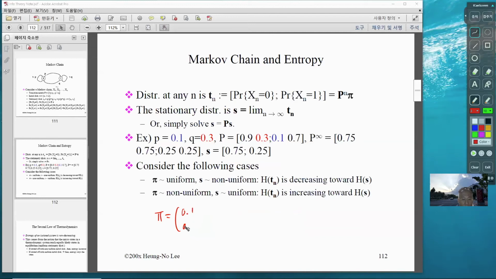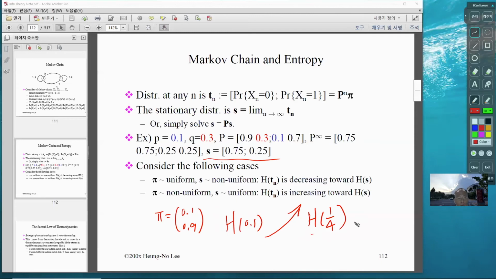Let's say 0.1, 0.9, right? And then stay with the stationary distribution, this one. And then in this case, we start off with the entropy of 0.1, and then we are increasing to entropy of 1/4. So in this case, we are increasing toward H of S.